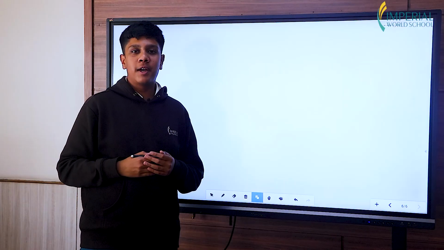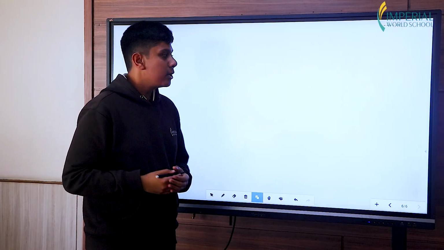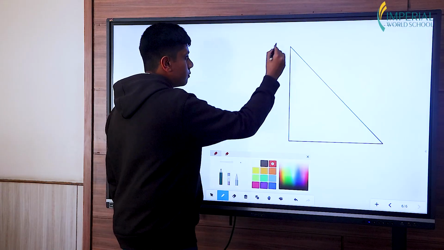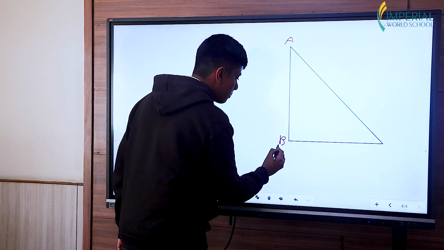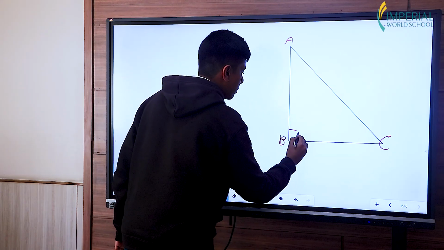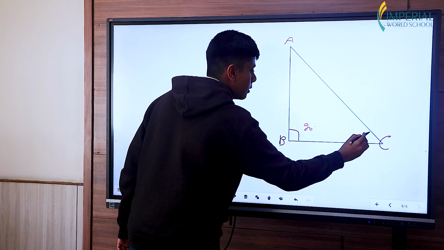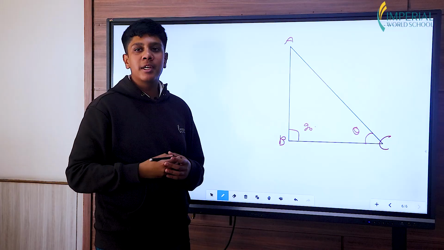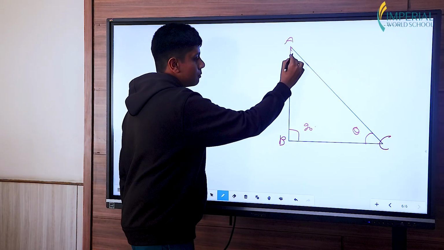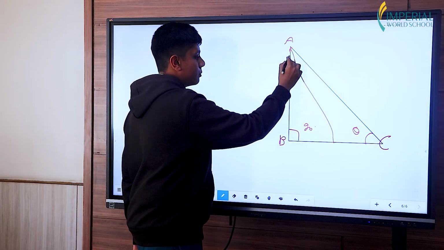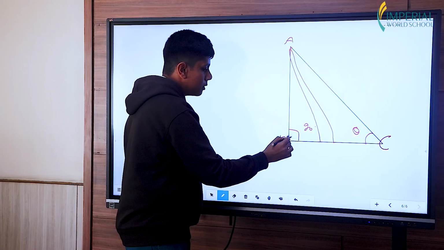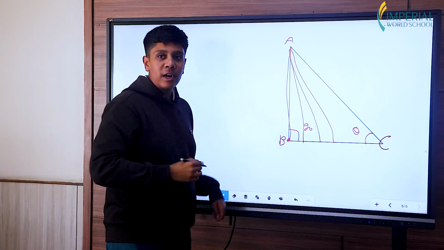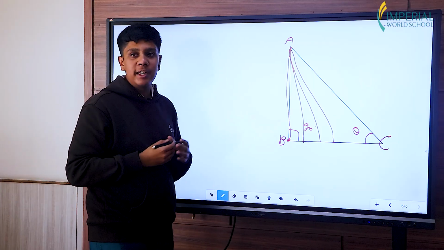Lastly, let's find the value of sine 90 degrees. First, let's draw a right angle triangle with sides a, b and c, this being 90 degree and this being angle theta. To increase angle theta and make it 90 degree, we slowly increase it and make it reach point B. Ultimately, it will reach point B and overlap, which will make p and h equal.